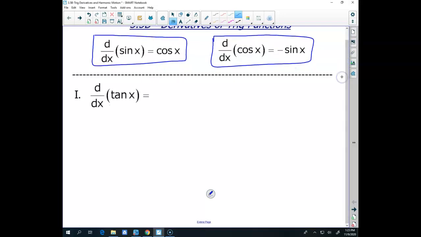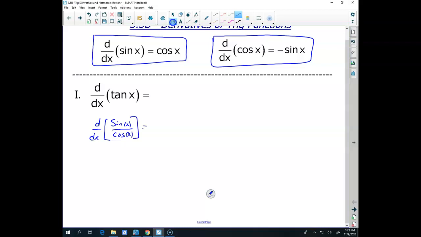Well, tangent, we don't know the derivative of tangent, but we do know that we can write tangent as sine x over cosine x, because we do know the derivative of sine and cosine.